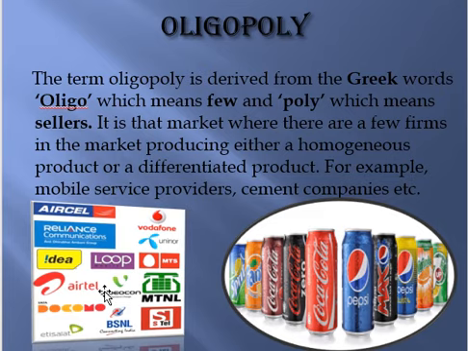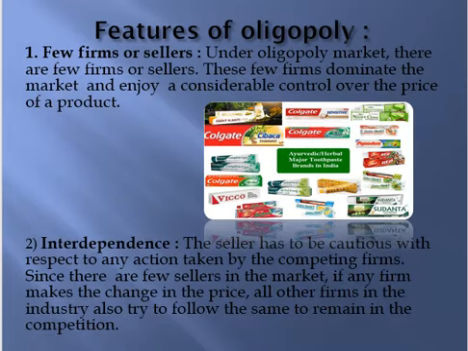So this is the basic understanding that oligopoly gives us: a few sellers, either with a homogeneous or differentiated product, ultimately targeting consumers to buy their product in order to get maximum profit.